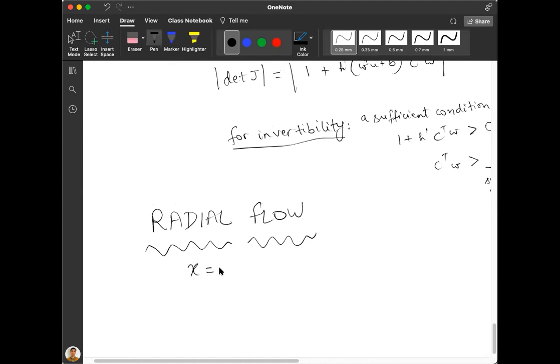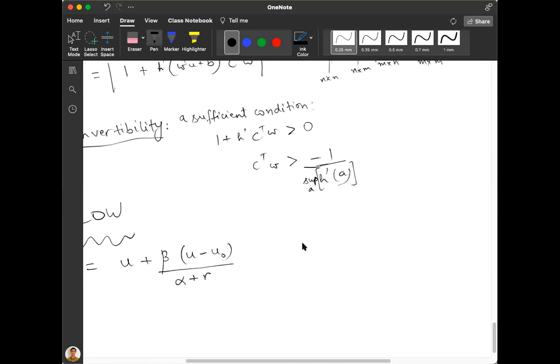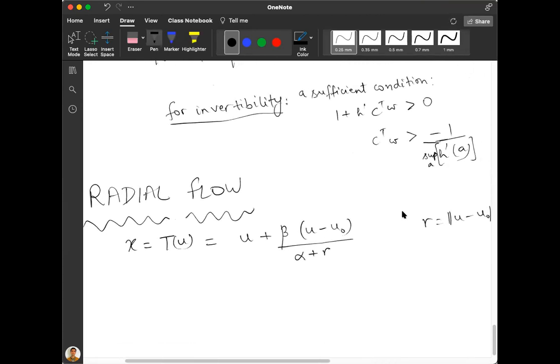My x is equal to T(u), and this is equal to u plus beta times (u minus u naught) divided by (alpha plus r), where r is equal to the Euclidean distance, or the L2 norm, of u minus u naught.